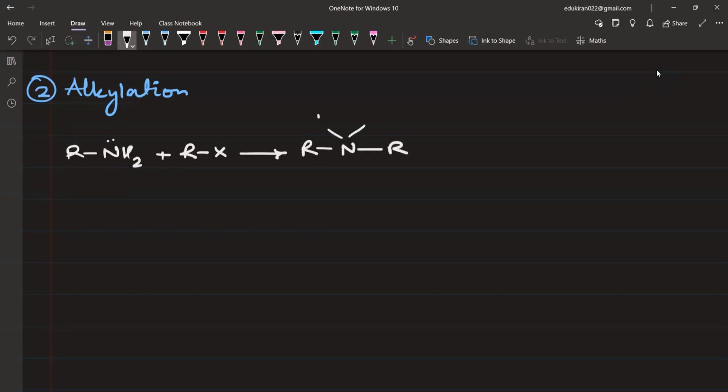The two hydrogens are as it is. You will get a positive charge, which will be countered by the X negative. And further reaction with base gives you R, N, H, and R. Okay. Plus you get X negative.